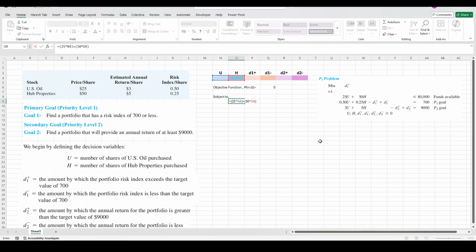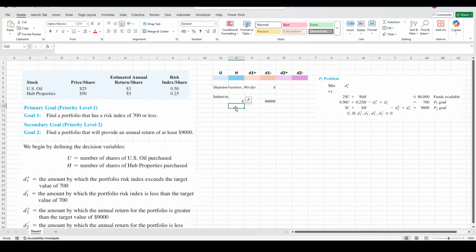This is the expression on the left side. Then the symbol I will put here is less than or equal to, and in my next cell I will write 80,000, because this is what my first equation is all about.